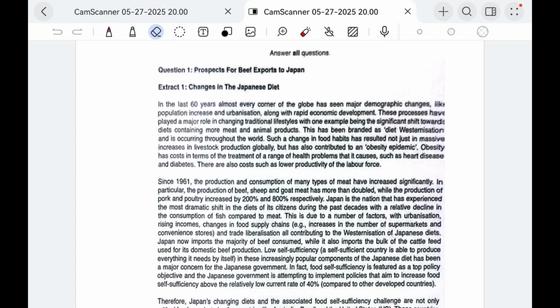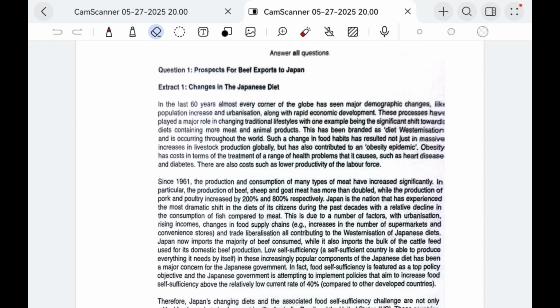Okay, so when we look at abstract 1, it talks about changes in the Japanese diet. Actually, when you look at the question, it sort of reminds you of a certain concept, which is change in taste and preferences, which is a micro concept under price mechanism demand factor.